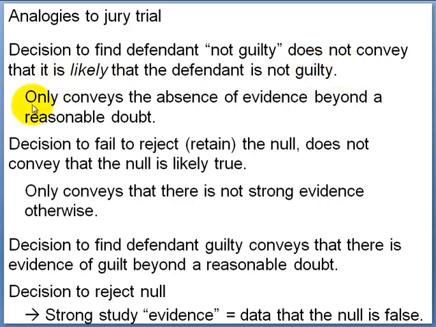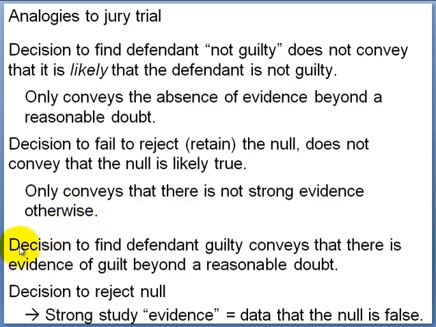It only conveys that there is not evidence beyond a reasonable doubt that the defendant is guilty. By the same token, a decision to retain the null doesn't convey that the null is likely true. It only conveys that there isn't strong data, which is to say strong evidence, otherwise.